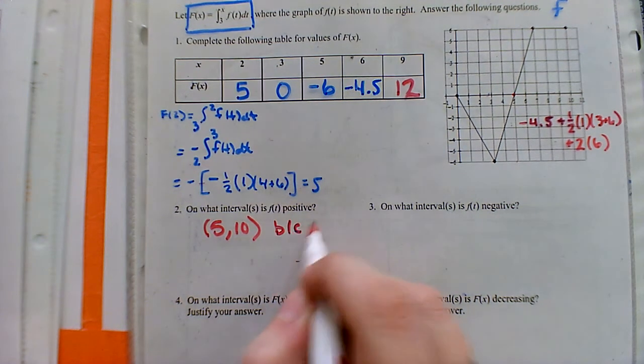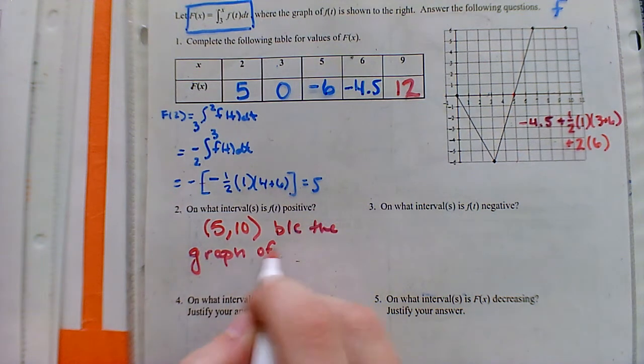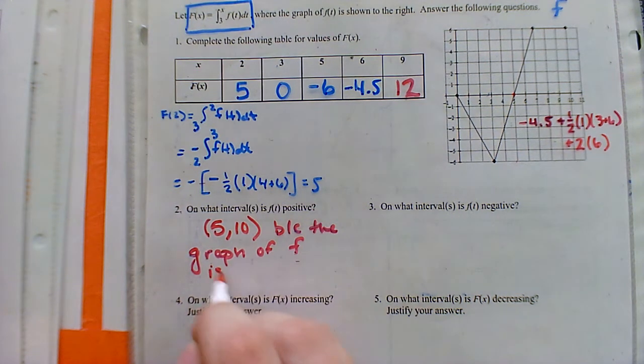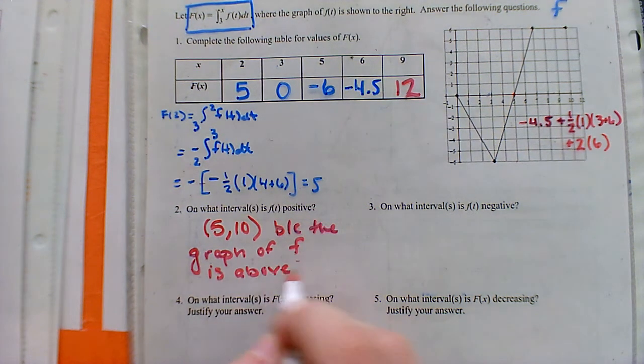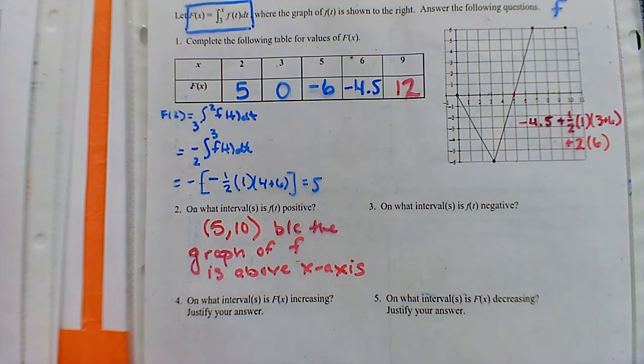We'll say because the graph of f is above the x-axis. On which intervals is little f negative?